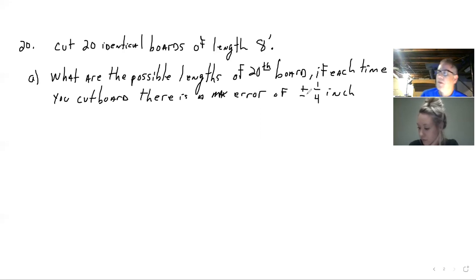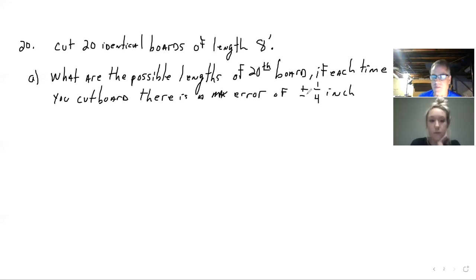Basically, what we're going to have to do is assume it's possible that I could be a 1/4 of an inch too long each time I cut a board, measure and cut, which means the errors are going to accumulate as I go. And the same thing, I can be a 1/4 of an inch too short.